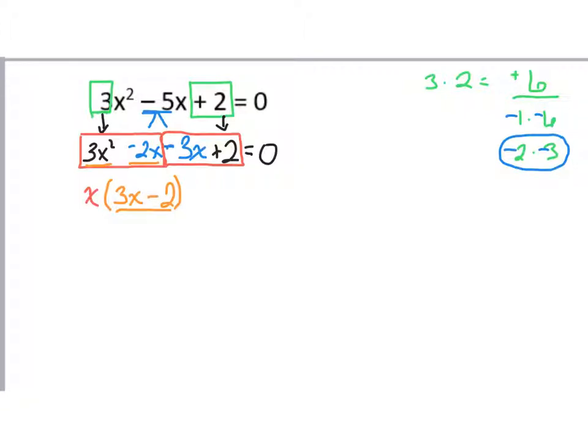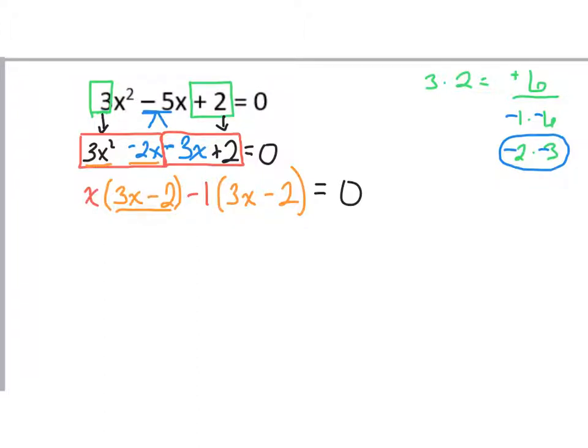What I need to do then is take out a negative from both of them. The way we take it out is by dividing it by negative 1. Okay, so when I divide negative 3x by a negative 1, I get a positive 3x. And when I divide a positive 2 by a negative 1, I get a negative 2. And again, this still all equals 0.